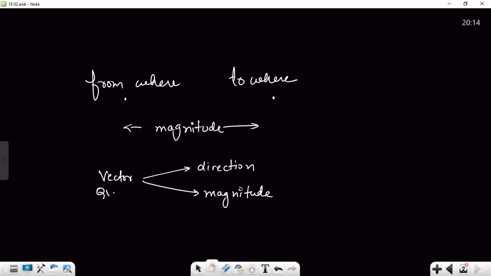A vector quantity. There are scalar quantities as well. Scalar quantities only tell us the magnitude. Or should I say, they do not care about direction.